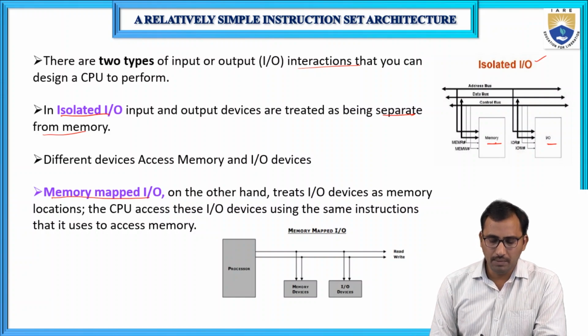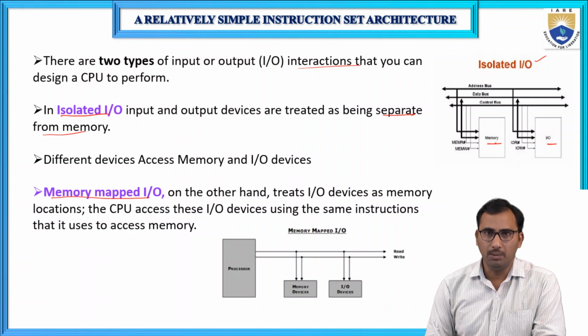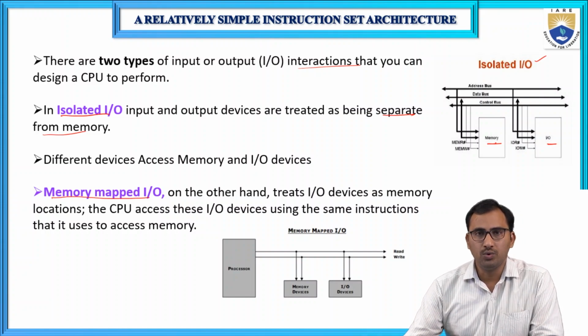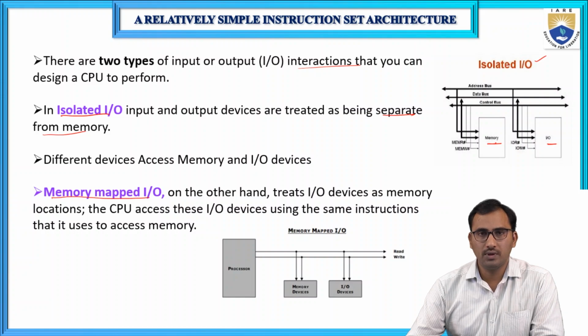And coming to the memory mapped I/O. The memory mapped I/O, on the other hand, treats I/O devices as memory locations. The CPU accesses these I/O devices using the same instructions that it uses to access the memory. So in memory mapped I/O, the same instructions can be used in order to access both the memory as well as the I/O devices.